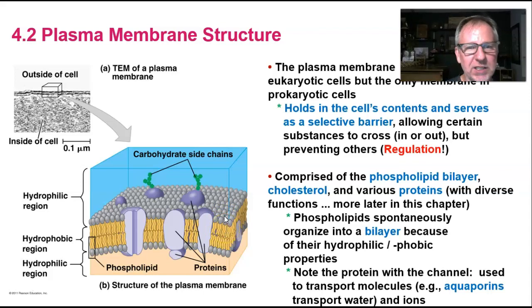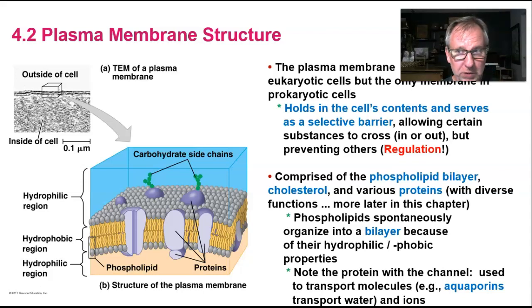So what's happening is the hydrophilic heads are pointing towards water on one side of the cell, and hydrophilic heads in the other layer are pointing towards water on the other side of the membrane, like inside the cell. And the fatty acids, the hydrophobic tails, are all hiding in the middle. So this just happens spontaneously. It happens all by itself. The phospholipids naturally organize themselves into those 2 layers because of their physical properties.